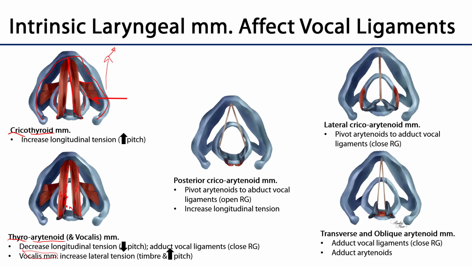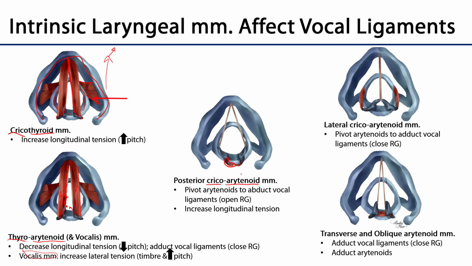The next set of muscles are the posterior cricoarytenoid muscles. Again, everything is in the name. They are posterior of this group because there's also a lateral group, and they attach the cricoid cartilage to the arytenoid cartilage.